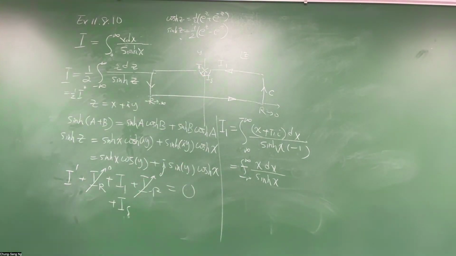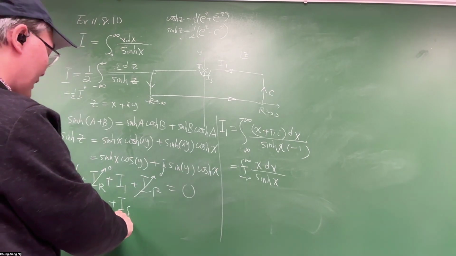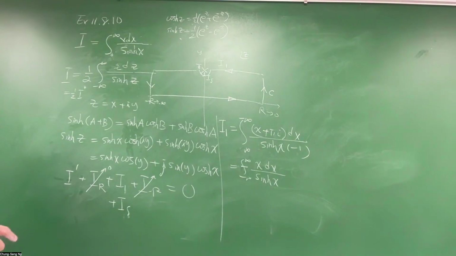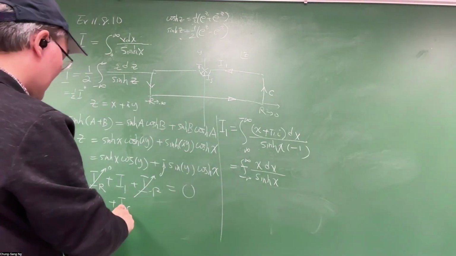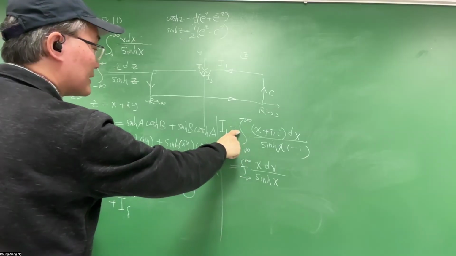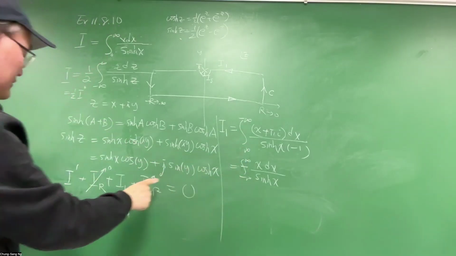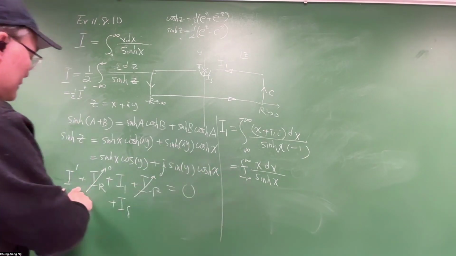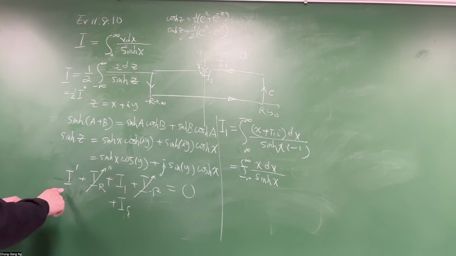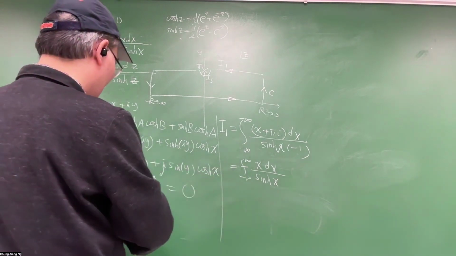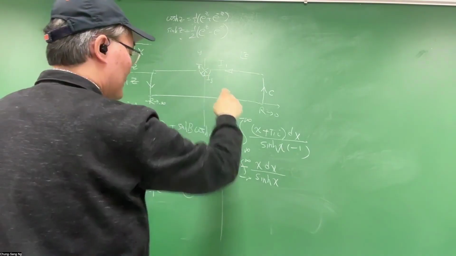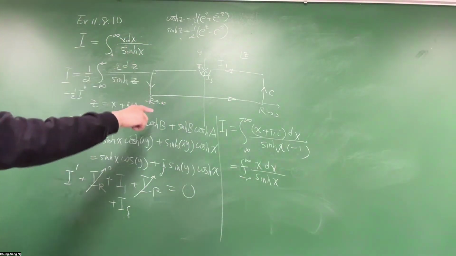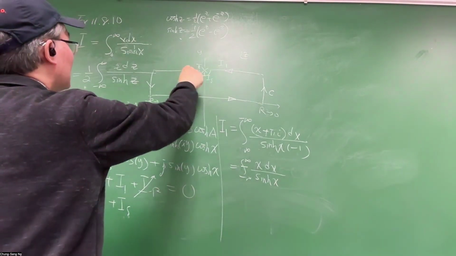Obviously this part is the same as this part, the I sub one, so you have two of them. And now there is the contribution from integrating this function along this little circle.